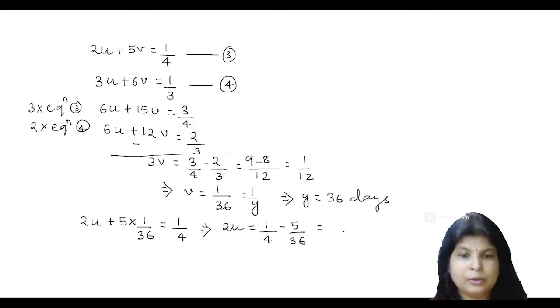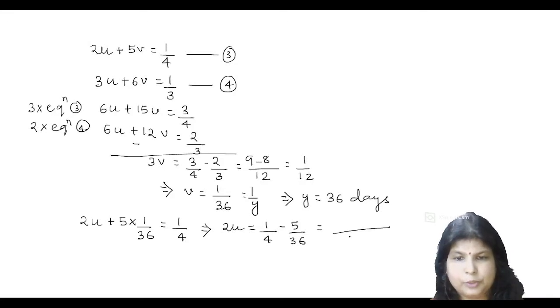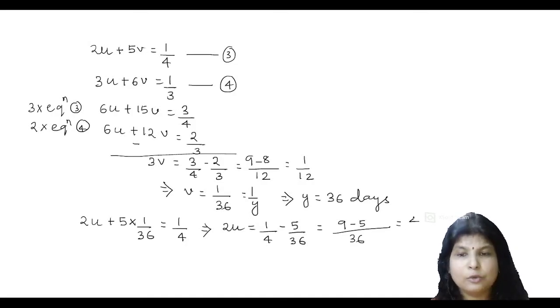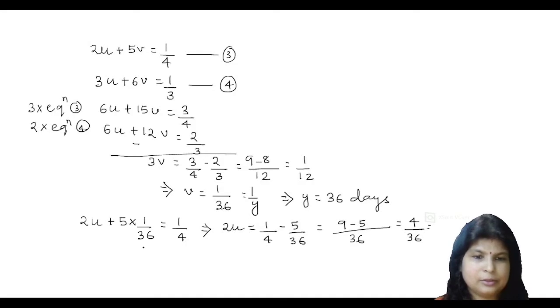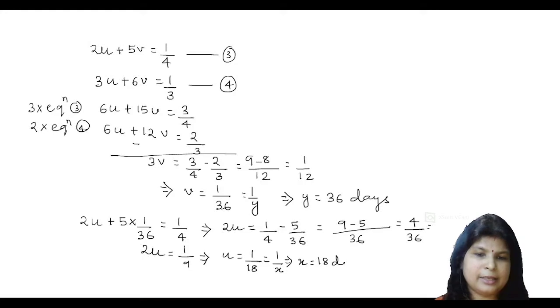That is equal to, so your denominator becomes 36. So 9 minus 5, that is 4 divided by 36, that is 2u is equal to 1 by 9. It implies your u is equal to 1 by 18, which is nothing but equal to 1 by x. It implies your x is equal to 18 days.